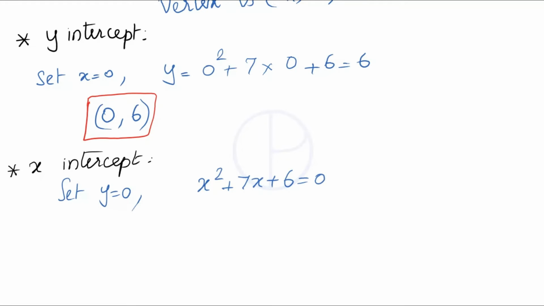Now we have to factorize this. Find two numbers that multiply to 6 and add up to 7. And we know that 1 multiplied by 6 is 6 and 1 plus 6 is 7. So this can be factorized into (x + 6)(x + 1).